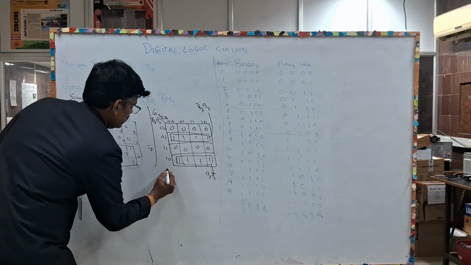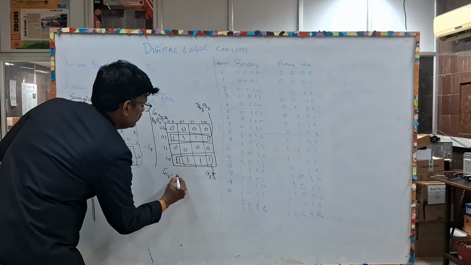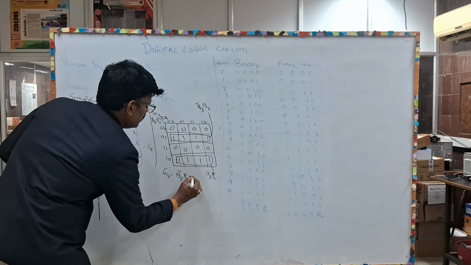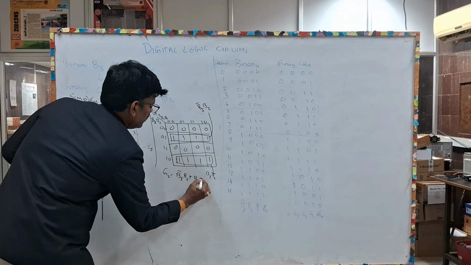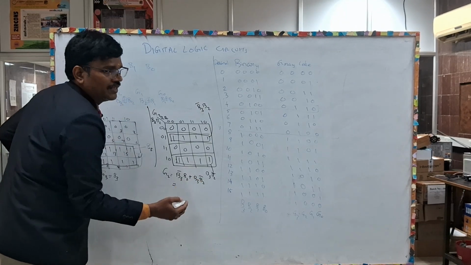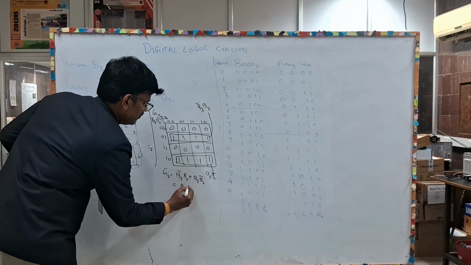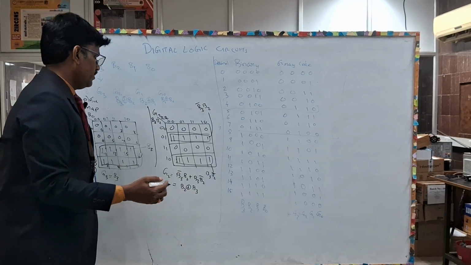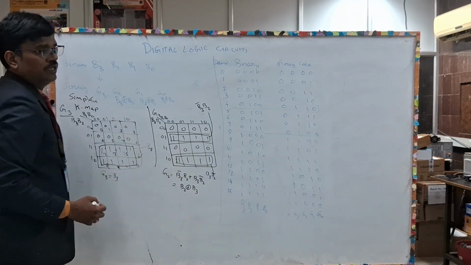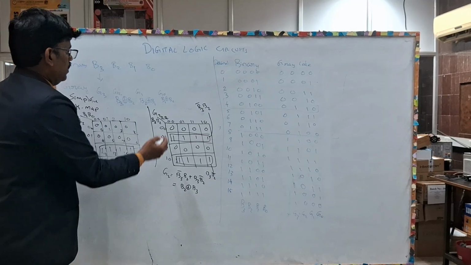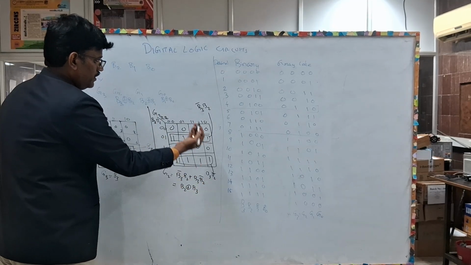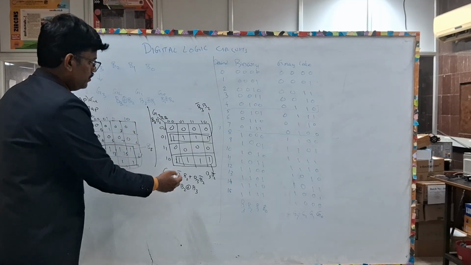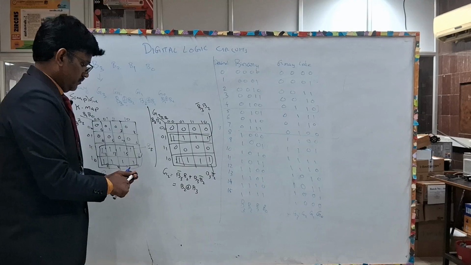So your simplified answer is B3 bar B2 plus B3 B2 bar, and this is the expression for the XOR gate. So this is the XOR operation between B2 and B3. From this reduction, we get B2 XOR B3.